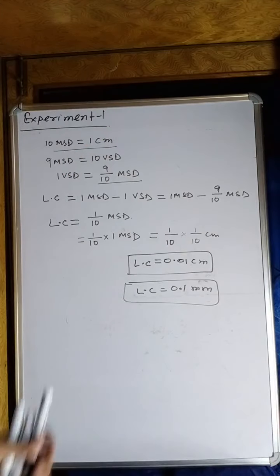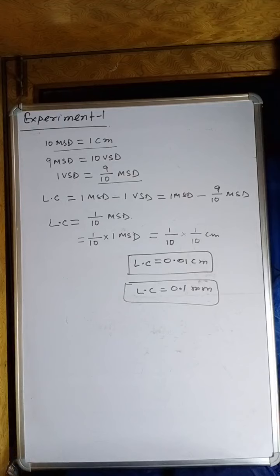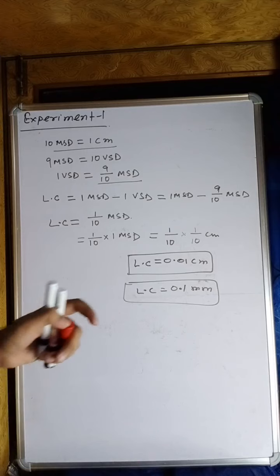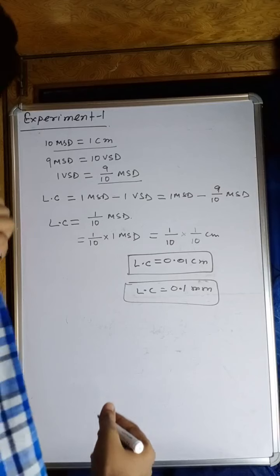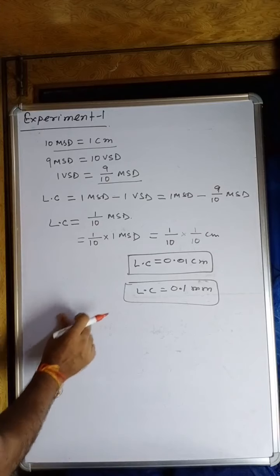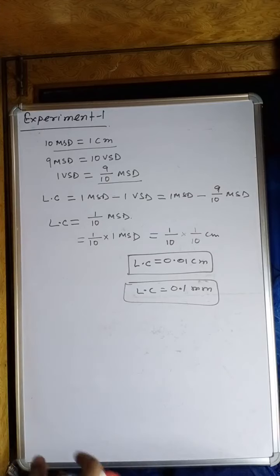This is the least count. This is the minimum measurement. Remember, my students, this is the minimum measurement. How will you obtain the diameter? The formula for measuring the diameter of that spherical body, you will understand in the video clip why this formula is valid.